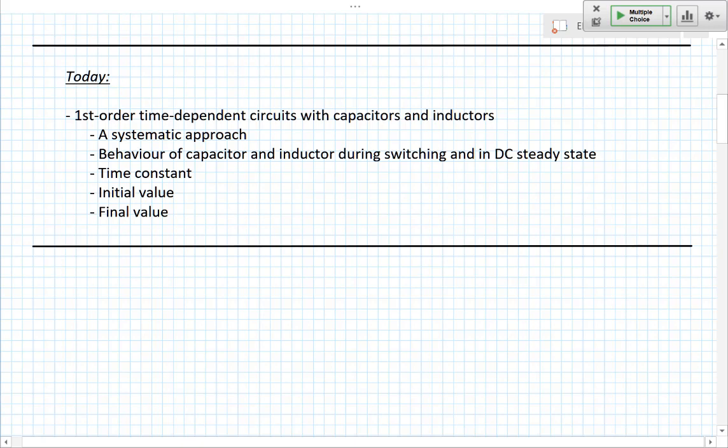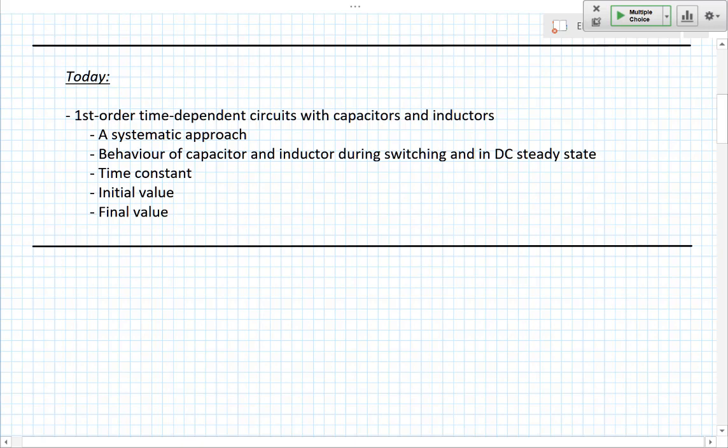So we are concerned with first-order time-dependent circuits. These are circuits where essentially the behavior of a variable of interest, something that you're trying to find, like a voltage or current as a function of time, is going to be described by a first-order linear differential equation.